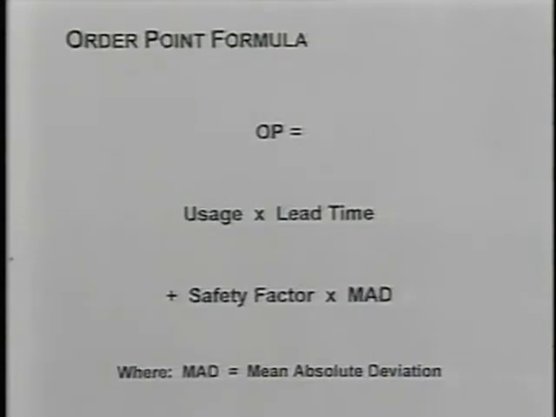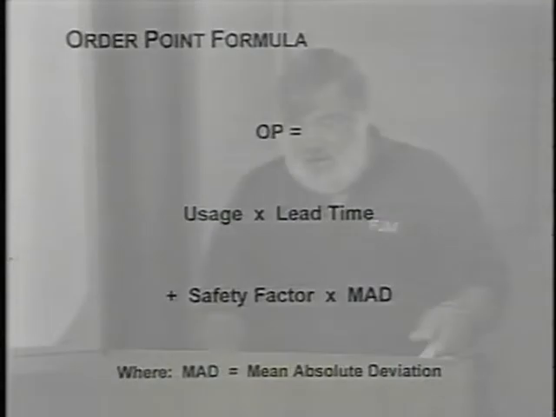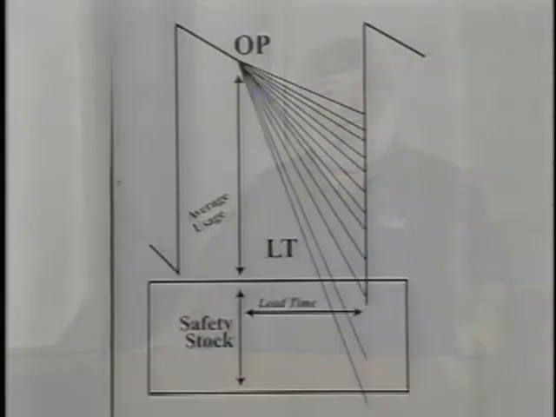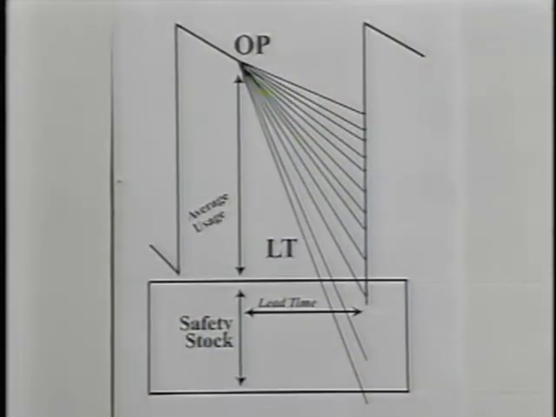And if you remember, the safety factor came from a safety factor service level table, which we're going to look at in a moment. Now, turning to page 25, here is a graphic representation of an order point system. The order point up on top, if you were to put a dotted line from where all of those usage lines emanate from and go to the left to where you hit that vertical line, the first vertical line on the right-hand side, put a big dot there.